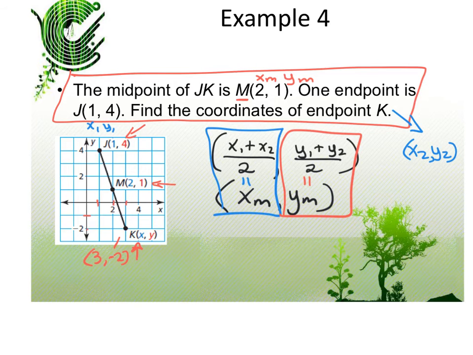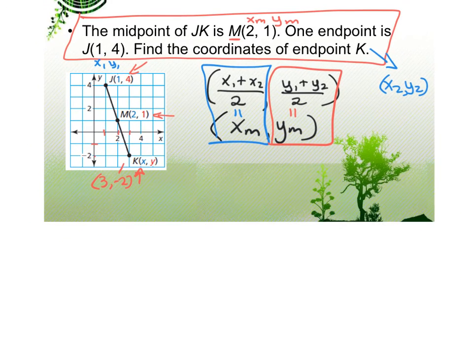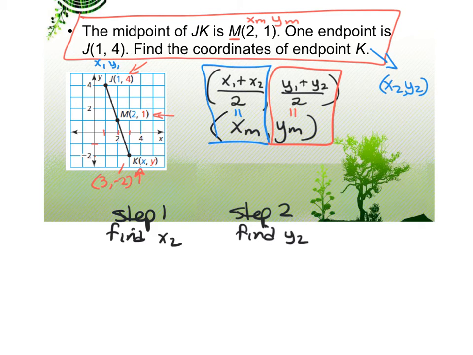So let's try it. Step number 1, I need to find x2. Step number 2, I'm going to find y2. Then I'll put them together and make them an ordered pair, and that will represent endpoint K.